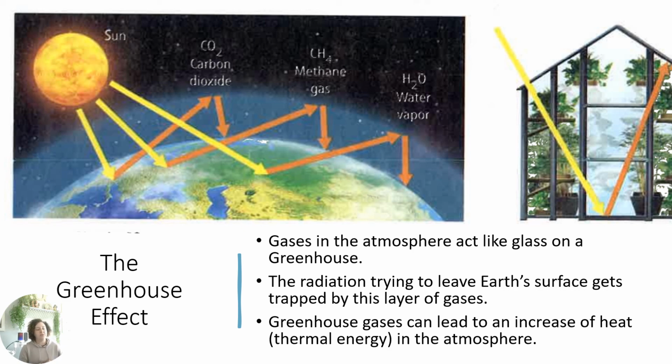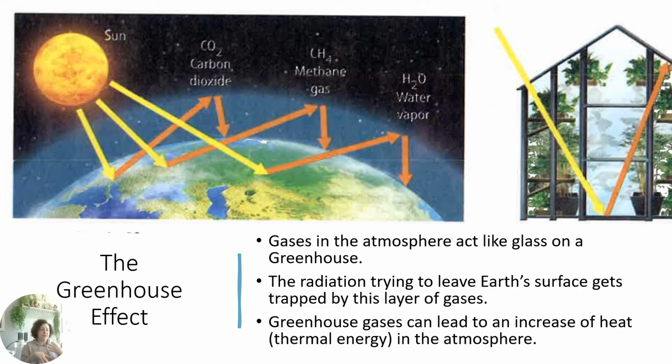So radiation that's coming in from the sun, because we can't stop that, also needs to try to leave, but sometimes it gets blocked by our gases that are creating this glass dome, causing that extra thermal radiation to stay near the surface.